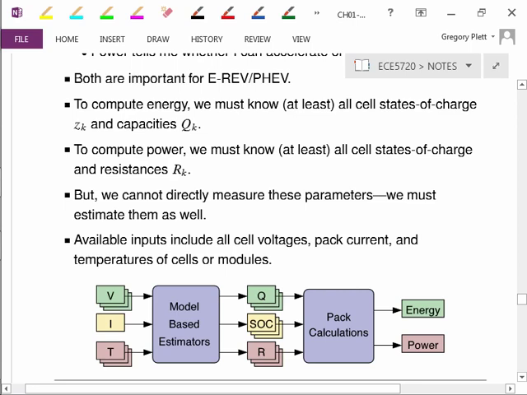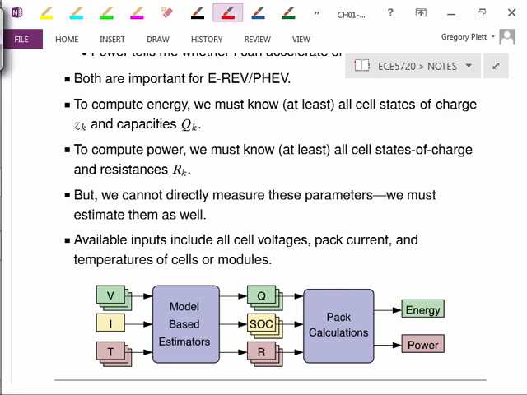If I happen to know all of the states of charge for all of the cells and all of the capacities of all of the cells, that's enough information for me to be able to compute the energy. If I happen to have the states of charge of the cells and the resistances of the cells, that's enough to at least estimate the power capability, although I can do better if I know other things.